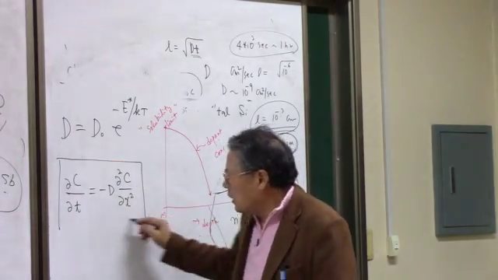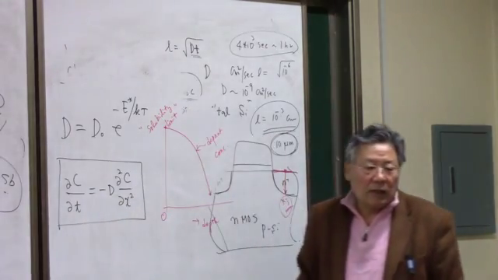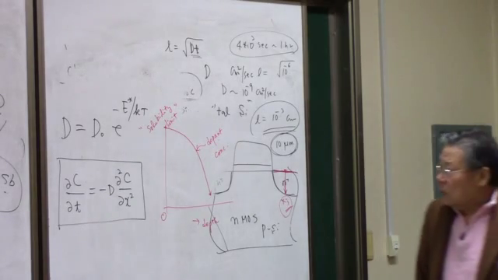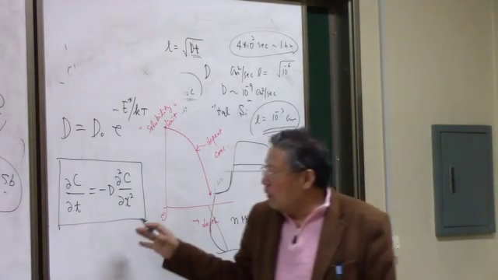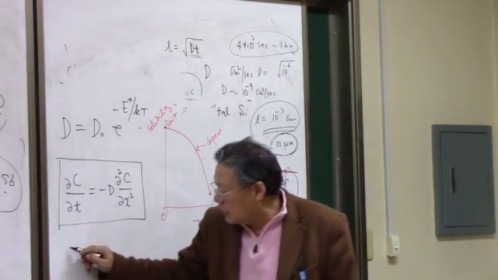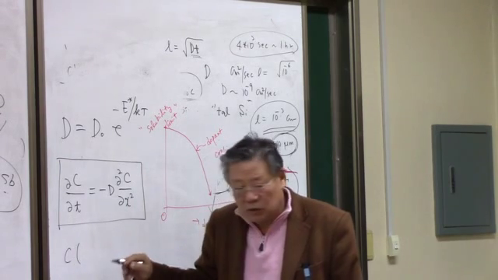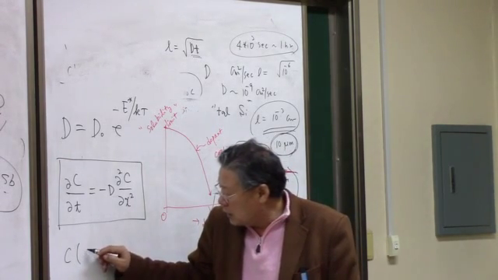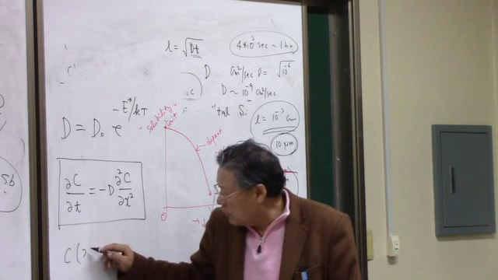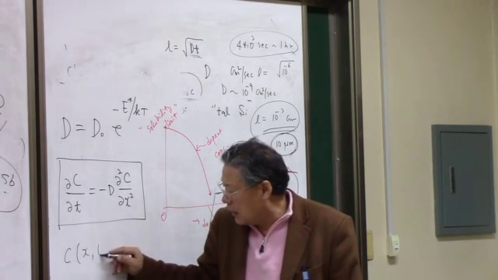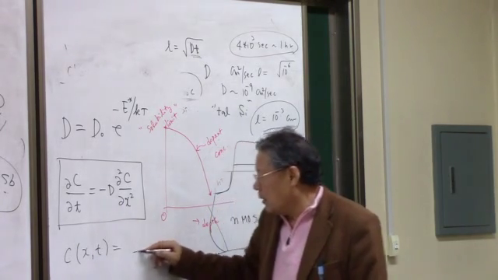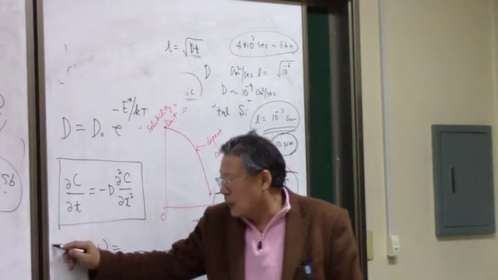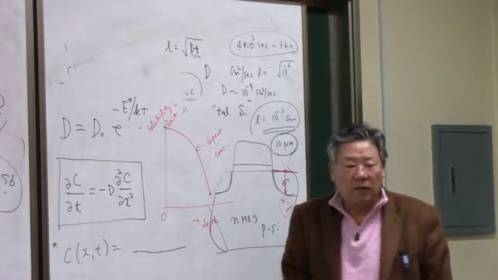That is Fick's second law, simplified, right? So we want to solve this partial differential equation, and the solution is going to be a form like C(x,t) equals something like this. That is the solution of this partial differential equation.